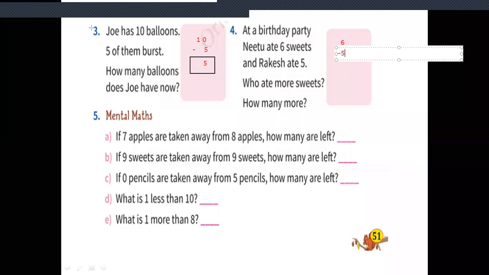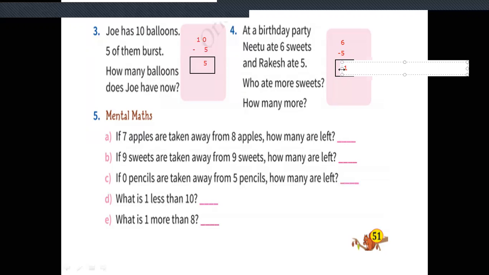So how many more did Neetu eat? We have to find out. Okay. So you have to subtract. 6 in your mind, 5 on your finger. Before 6: 5, 4, 3, 2, 1. So 1 is the answer. So how many more sweets did Neetu eat? 1 more sweet Neetu ate than Rakesh. Okay. Neetu ate 1 more sweet extra.